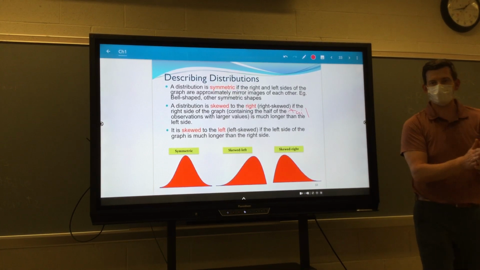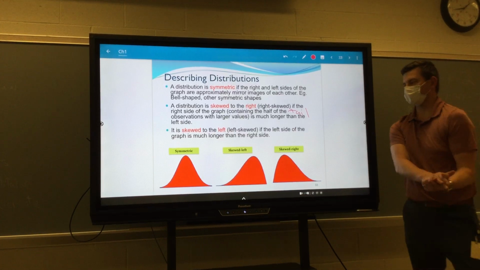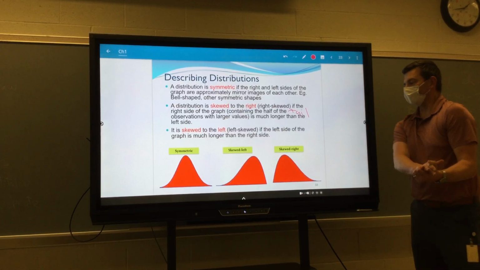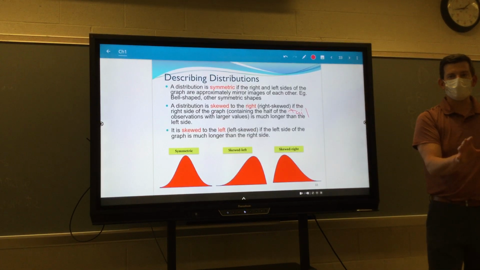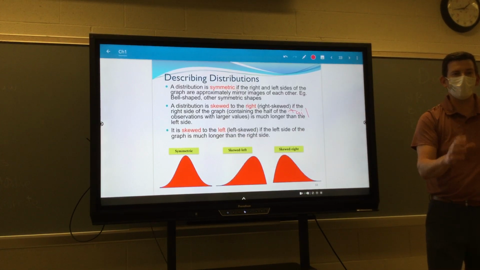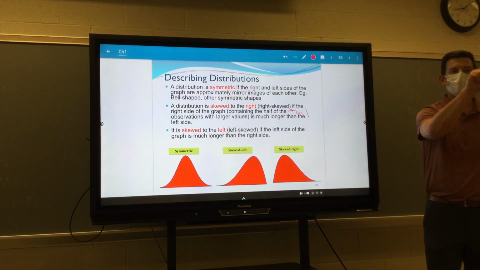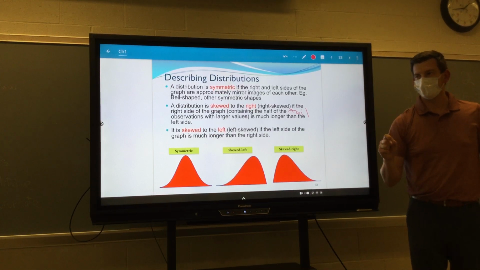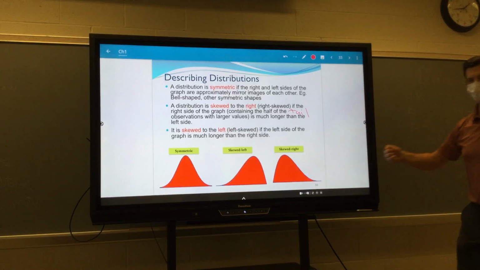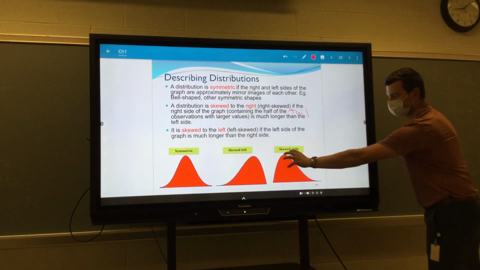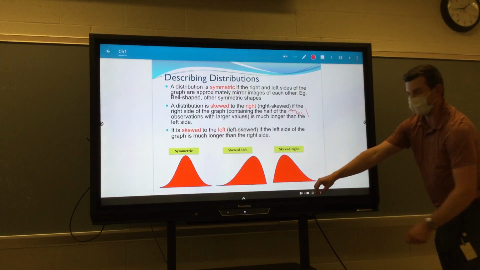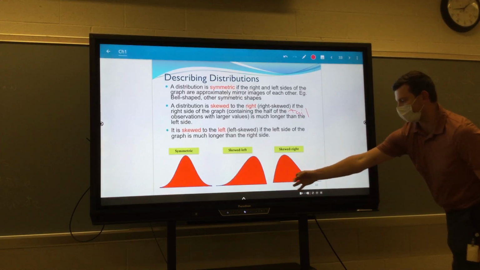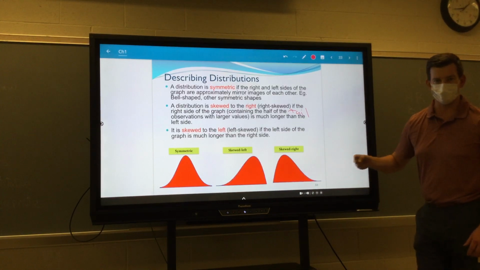I'm no expert, but I'm making an assumption here. If you were to be talking about the average price of homes in Akron, Ohio, that one mansion is going to skew that data to the right. Most of the home prices are down around here, but then you have some extreme values that are pulling that distribution in this direction.